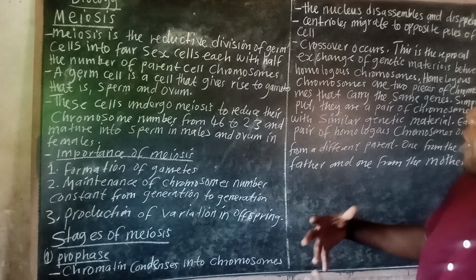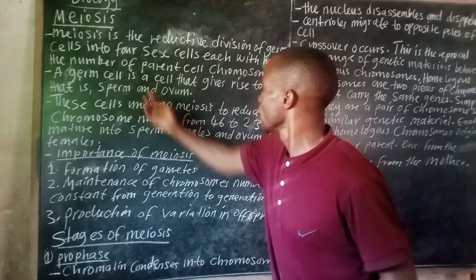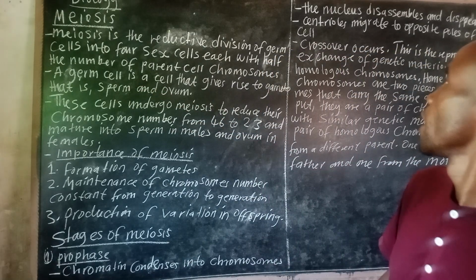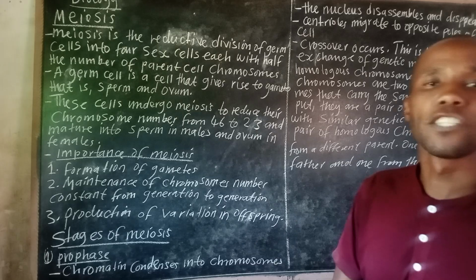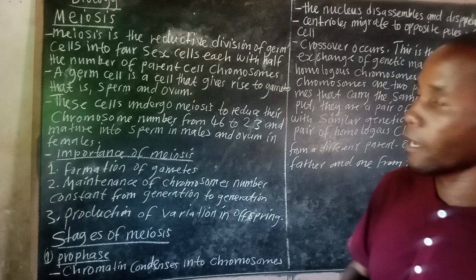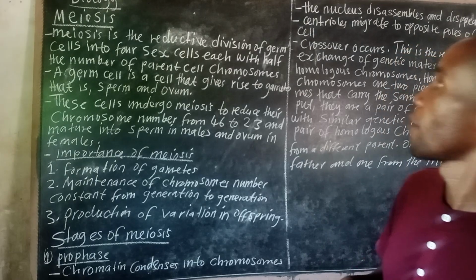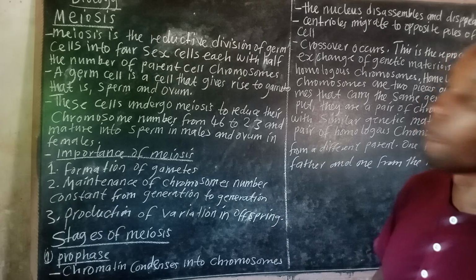Now, what is this germ cell? A germ cell is a cell that gives rise to gametes, that is sperm and ovum. So specifically, when you are talking about meiosis, we are talking about cells to do with the sperm and ovum.